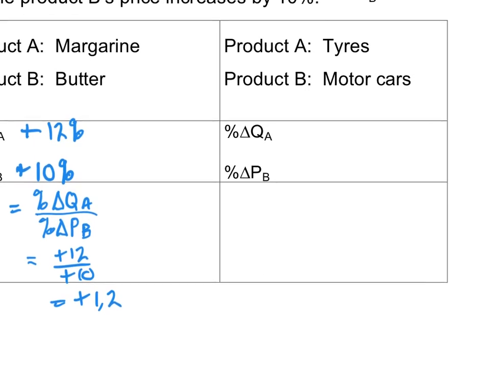Let's have a look at the case of cars and tires, which are very obviously complements. So in response to the change in the price of motor cars, so the price of motor cars has increased by 10%. So that would lead to a decrease in the quantity demanded of motor cars.